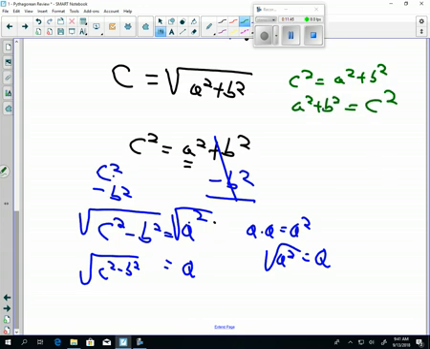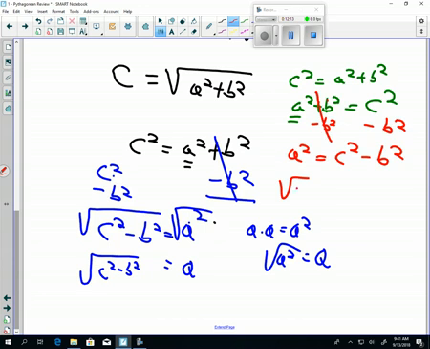So now, if I only want to find out what a squared is, I've got to get rid of this. It means I have to subtract it here, which means I have to subtract it over here too. So now b squared minus b squared cancels out. So I'm left with a squared is equal to c squared minus b squared.